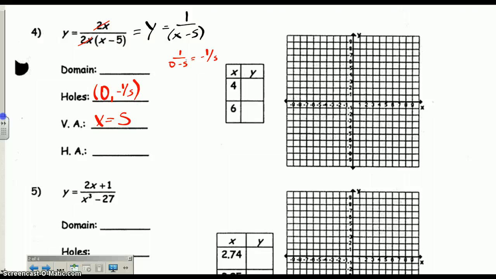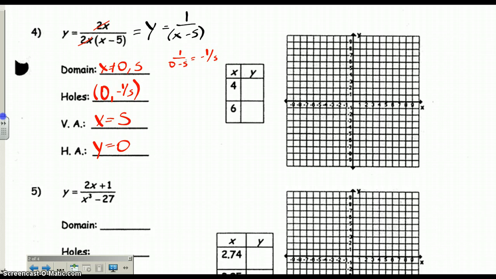So the horizontal asymptote, my note says, if the degree of p is less than the degree of q, then y equals 0 is the equation of the horizontal asymptote. Okay, so if that denominator has a bigger degree, then y equals 0 is the equation. So our horizontal is y equals 0. And remember, the domain is based off the holes and the vertical asymptotes. So we know that x cannot equal 0 and x cannot equal 5.